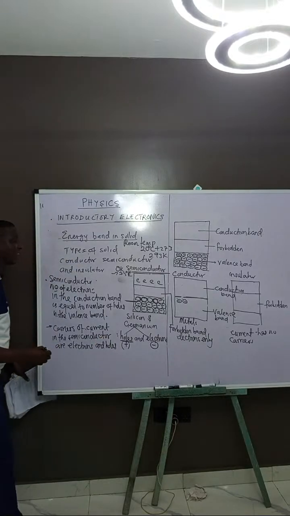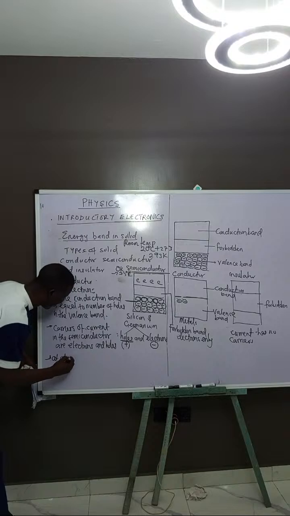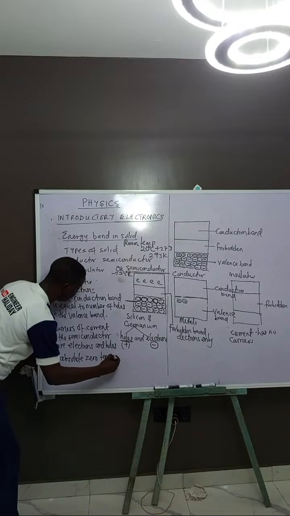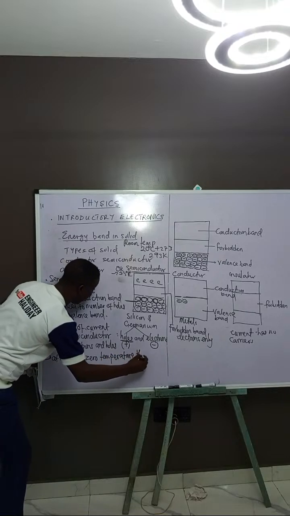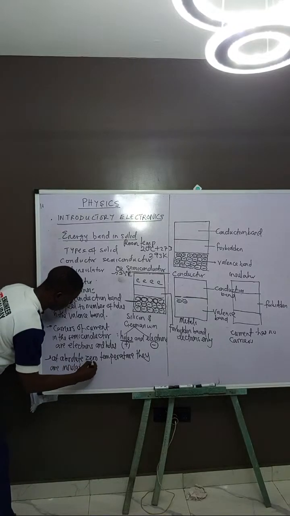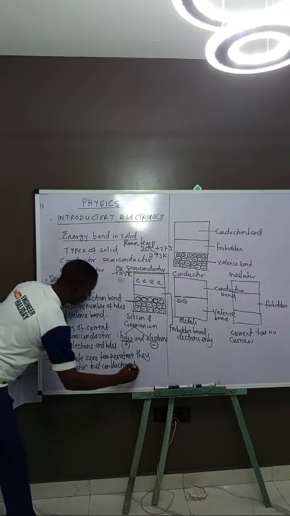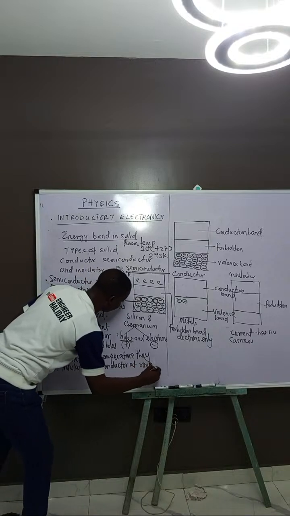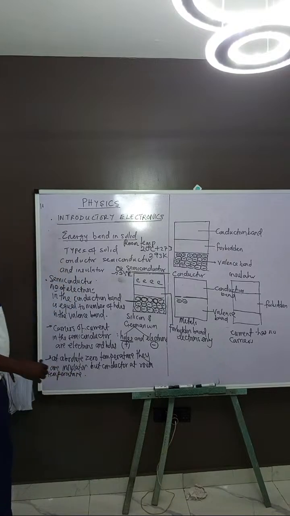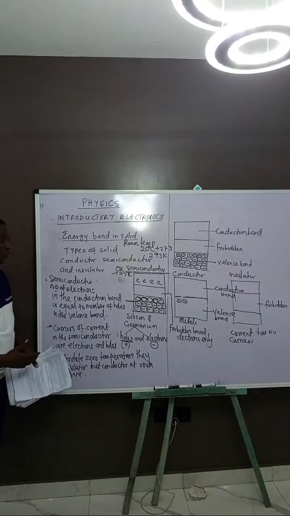Number 3 is that a semiconductor at absolute zero temperature is an insulator, but a conductor at room temperature. Now, these are the things you have summarized in my statement so you can understand it.